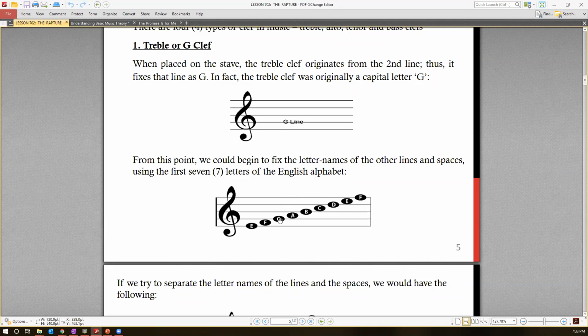This line is G, and the next space will be A. The next space will be B. The next space will be C. The next line will be D. The next space will be E, F, and we can continue all the way.